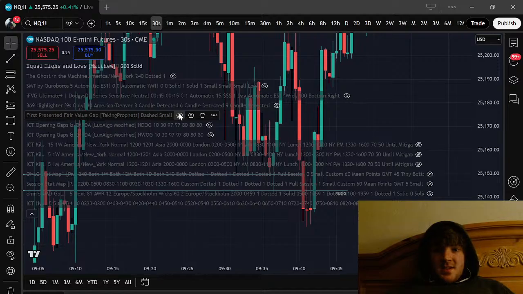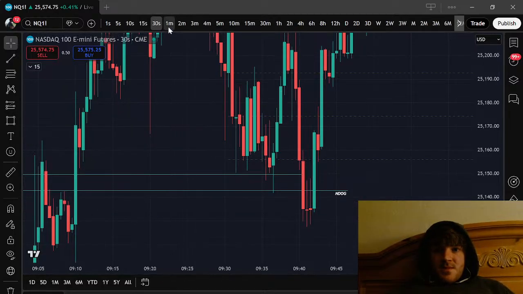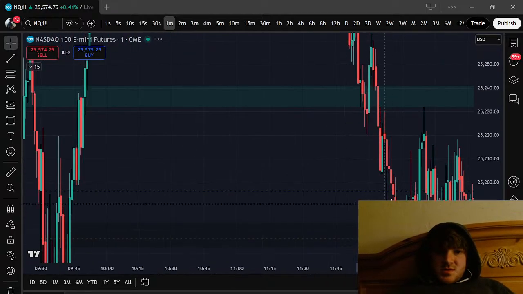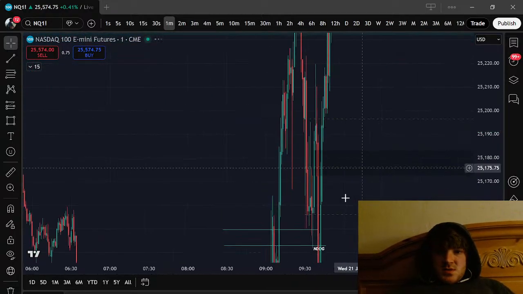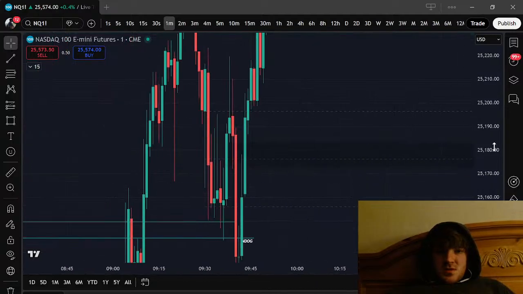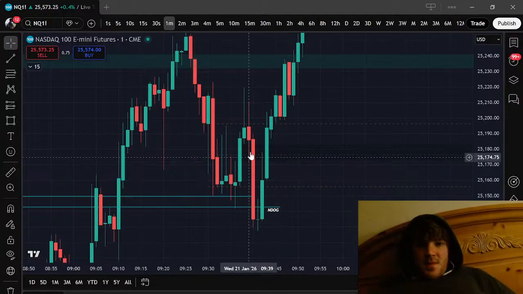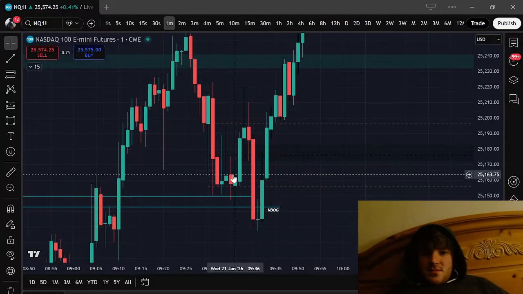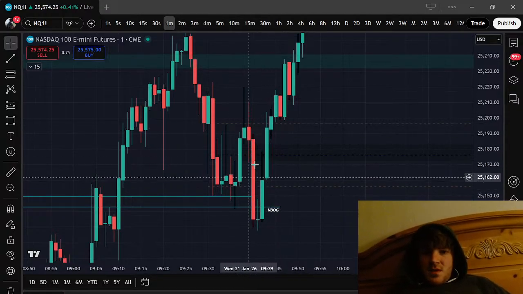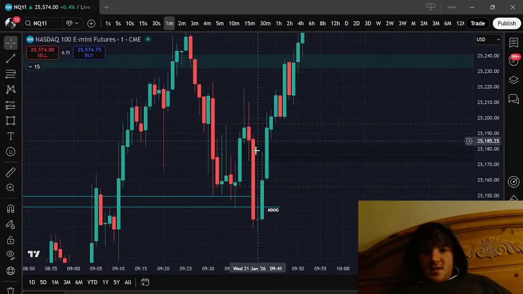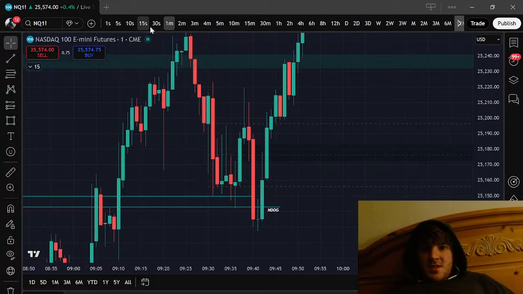Okay, now let's take a look at the first minute for value gap. I was gonna say we re-inverse it to the upside, but it's actually almost double inversed.